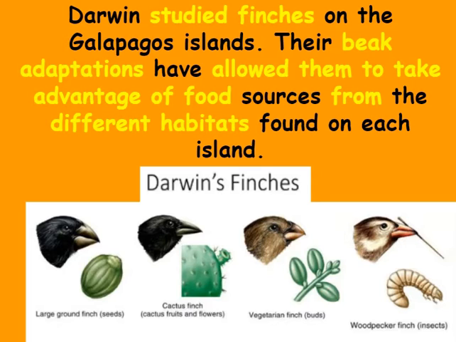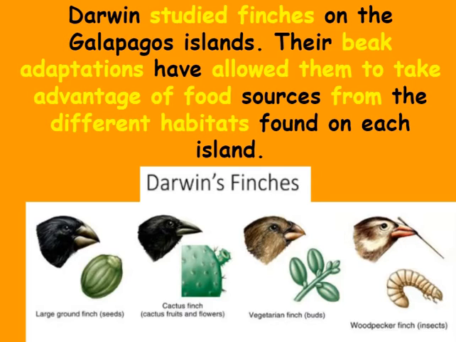Their beak adaptations have allowed them to take advantage of food sources from the different habitats found on each island. So it shows 4 of the species of Darwin's finches. You got a large ground finch there, cactus finch, vegetarian finch, and a woodpecker finch.